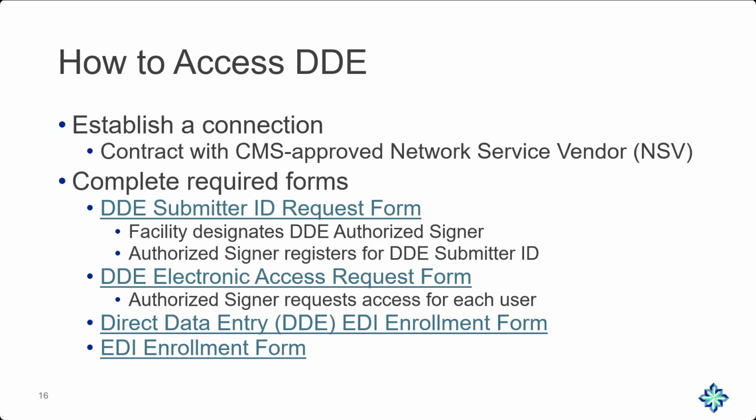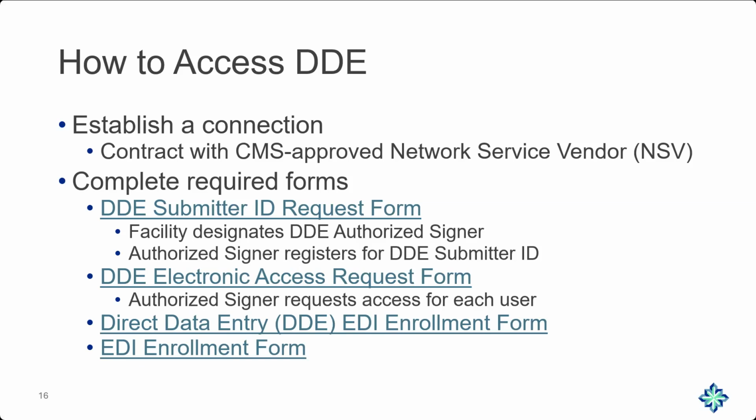Other items that have to be in place before you can get started are the EDI enrollment form and the direct data entry EDI enrollment form. I know that's a lot to take in.